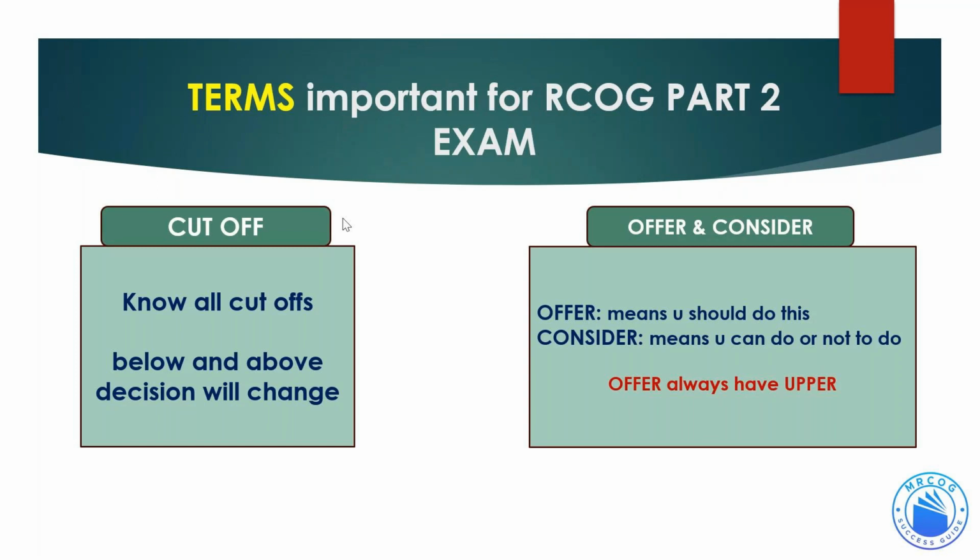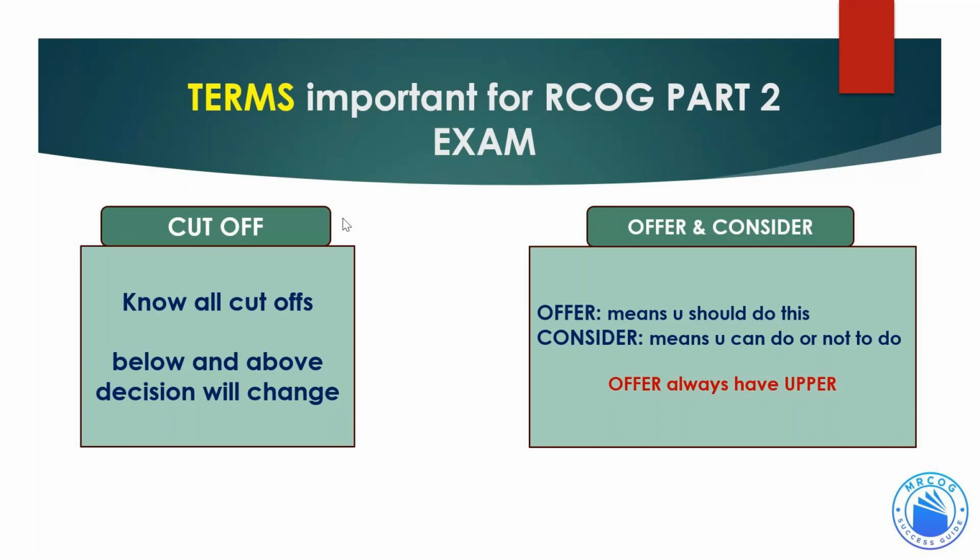So there is a change in the decision as per the cutoff. The cutoff here is 2.5. So it's very critical in the exam to know every cutoff in each topic. And you should put a red mark on each cutoff in any topic that you read, because they love the cutoff.